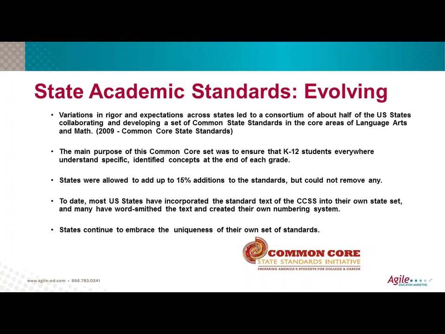We still have the huge range where some states will have, for example, maybe 3,000 science standards, and then other states might have 300. So there's still a huge variance among states, but at least I think the U.S. is coming closer. And when I say closer, I mean closer to the rest of the world.